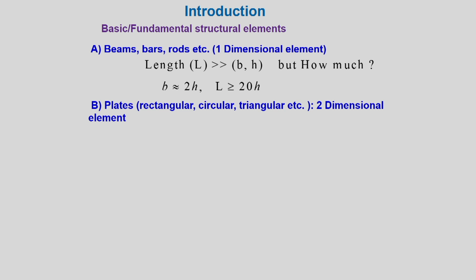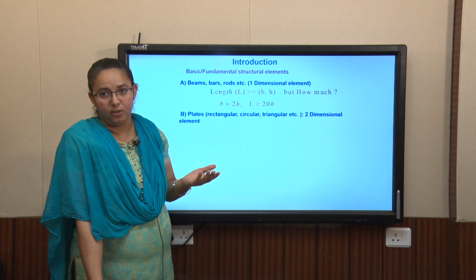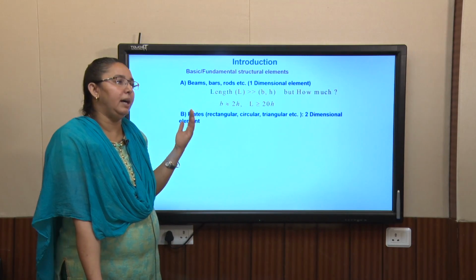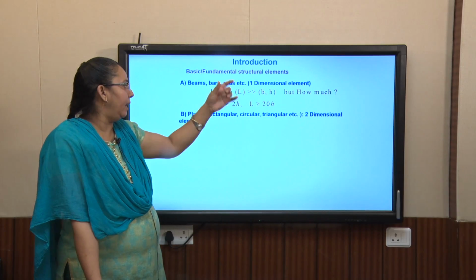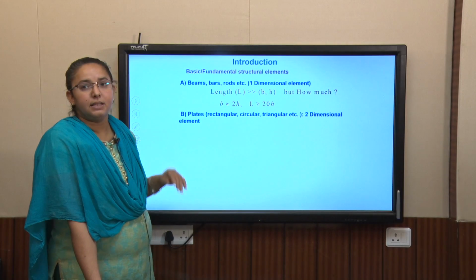Theoretically it should be infinity, but in practical application, what should that minimum be? So, if we take the width as twice h, the length should be greater than 20 times h. If you find any element, whether in a bridge or in a building or in a ship, that qualifies this criterion, you can treat it as a beam.